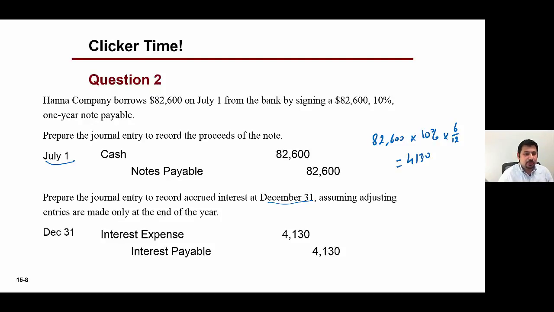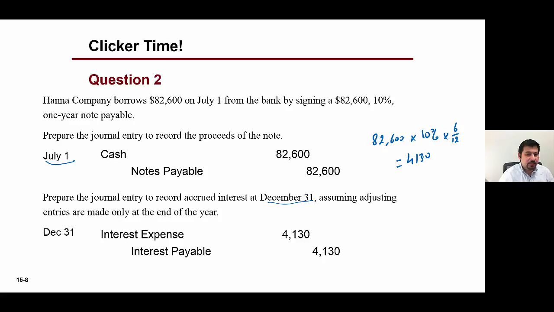As you can see here, when you are recording the signing of a note, the company will debit cash, credit notes payable for the face value. And when the company is creating an adjusting entry at the end of the year, we will debit interest expense and credit interest payable the amount, unless it was paid on December 31st.